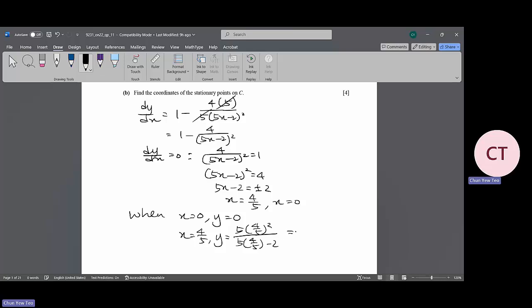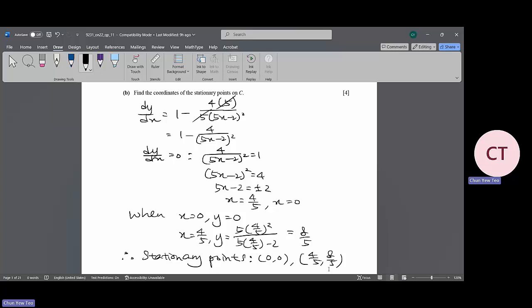Okay, so press the calculator, then you get the answer as 8 over 5. So therefore, your stationary points are (0, 0) and (4/5, 8/5). So these are the two stationary points of the curve C.